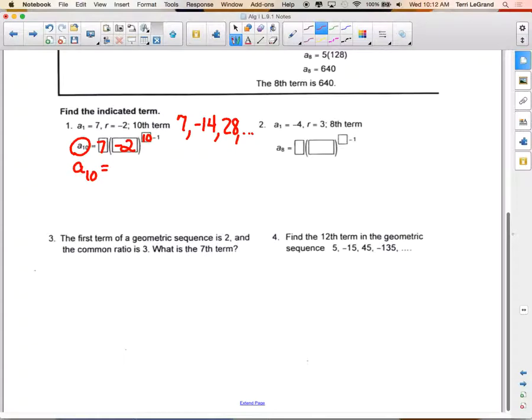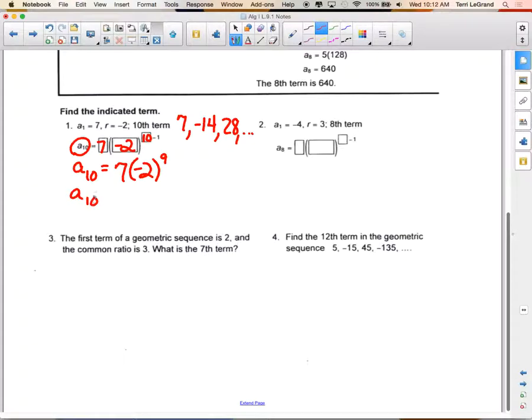The 10th term of this sequence will be, do we do powers first or do we do multiplying first? Do we take 7 times negative 2? Or negative 2 to the 10 minus 1 power? Yeah, so let's do this first. What is 10 minus 1? 9. So really, then the multiplier -2, if you used method 1, would have to be 9 times you'd have to multiply by -2.